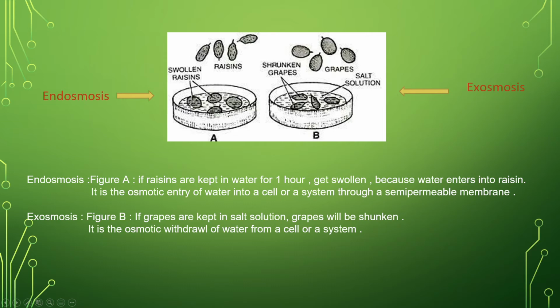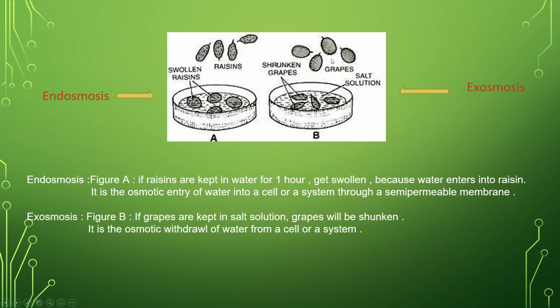And here the peels of the resins act as a semi-permeable membrane. Now suppose there are some grapes and we have taken a salt solution and the grapes are put within the salt solution. You will notice that after a few hours the water will come out. That means the solution within the grapes will come out from inside to outside.